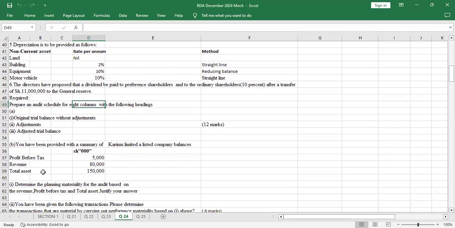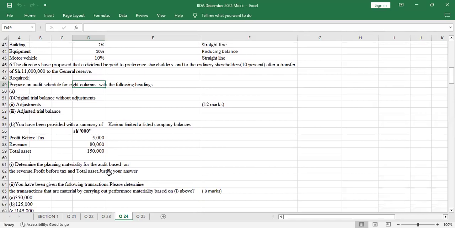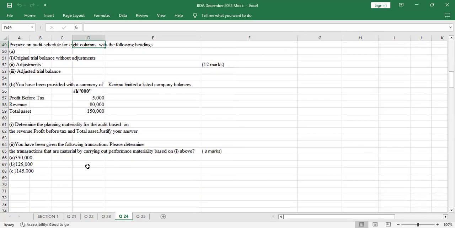Part B, you have been provided with a summary of Karim Limited, a listed company's balances, in shillings in thousand. Profit before tax was 5,000. Revenue was 80,000. Total asset was 150,000. Roman 1, determine the planning materiality for the audit based on the revenue, profit before tax, and total asset. Justify your answer.